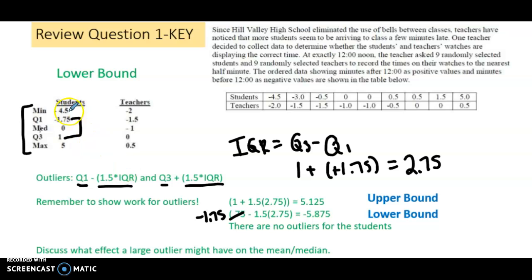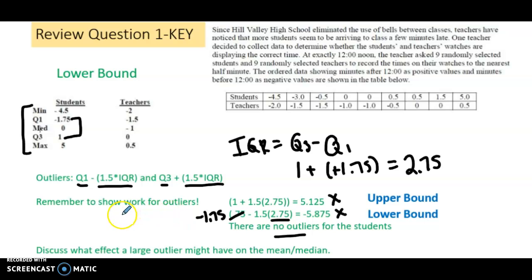So to get our lower bound, we're going to take quartile 1 minus 1.5 times the interquartile range. And now here are going to be my upper bound and my lower bound. So anything above 5.125 and anything below negative 5.875 would be outliers. And if we look at our data, there's nothing above 5.125 and nothing below negative 5.875. Therefore, there are no outliers.